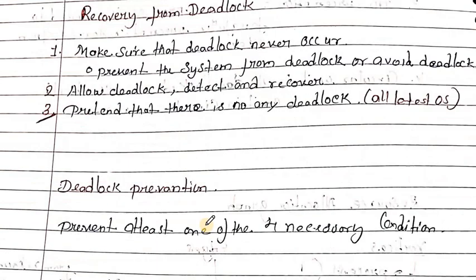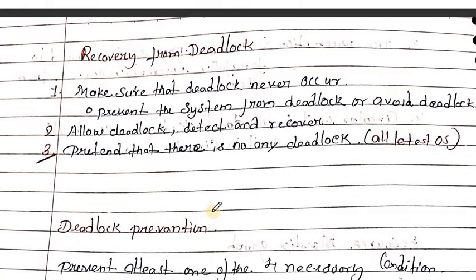Now the recovery from deadlock. The first approach is to make sure the deadlock never occurs: prevent the system from deadlocks, or avoid deadlock.